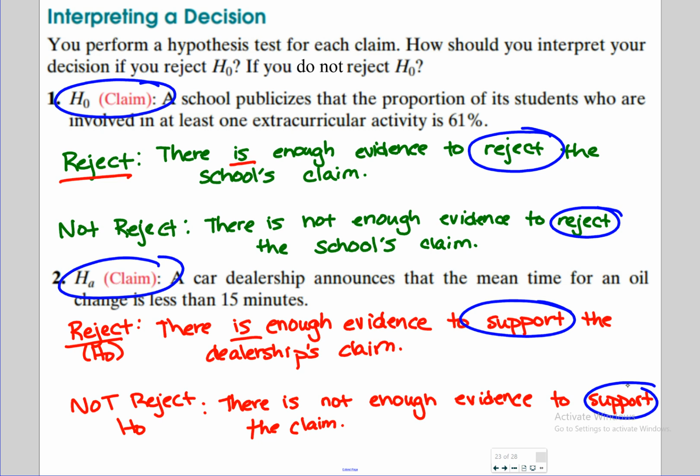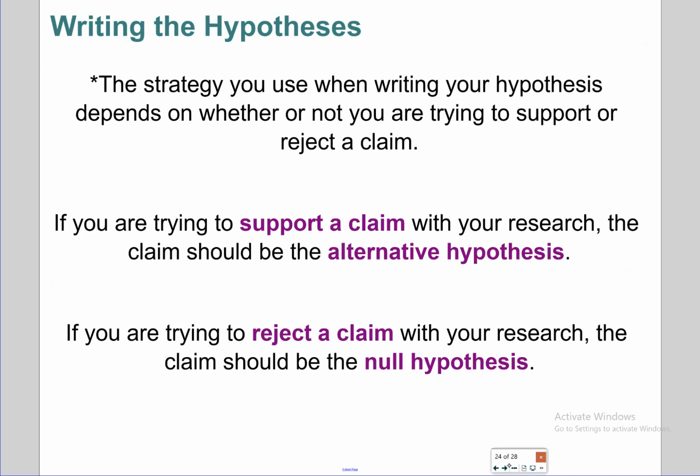And if you're trying to show that something isn't true, if you're trying to prove something false, what would you make your claim? The null hypothesis. That's what the next slide says, pretty much. Depending on what you want to do, that's what you want to align your claim with. If you want to support something, your claim should be the alternative. If you want to reject something, prove it false, your claim should be the null.